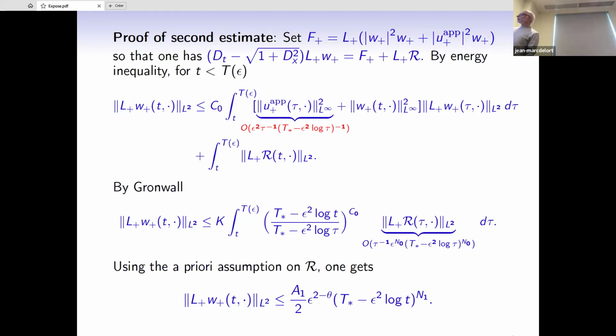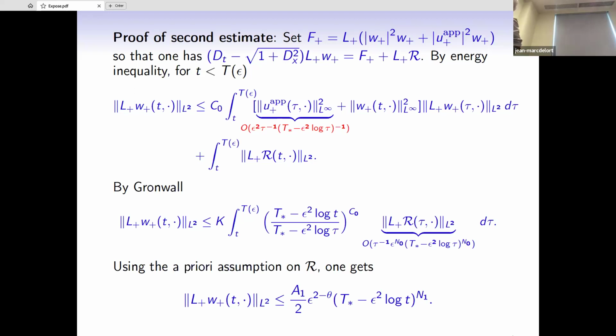And the difficulty comes from the fact that this approximate solution has bad behavior close to the blowing up time, because by the construction that I showed earlier, you may see that this term behaves like a quantity t star epsilon square minus tau, to the power minus 1, times log to the minus 1, which goes to infinity when tau goes to t star epsilon square.